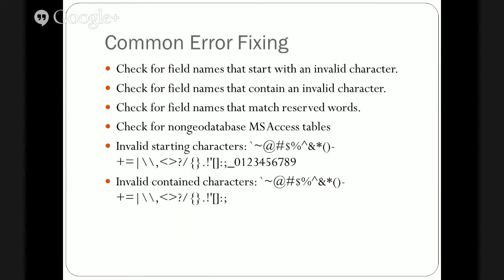Okay, so some common problems that we run into on tables is that field names have an invalid character. They might start with an invalid character, they might contain an invalid character, or they're using some sort of reserved word. Some things that you want to never use or invalid starting characters include all of these here. So basically the rule is to never start a field using a symbol or a number.